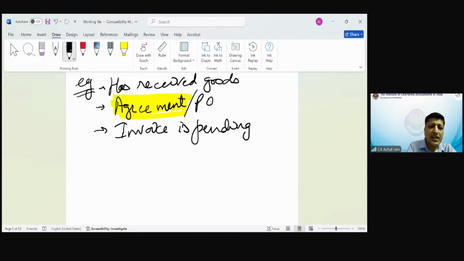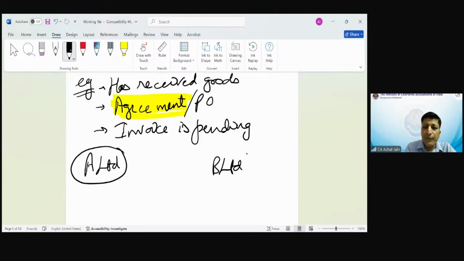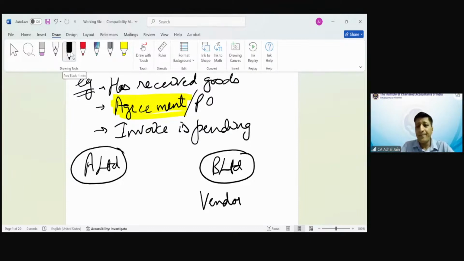So let me just say it's A Limited, which has received the goods, and B Limited is the vendor. So that must be on the basis of some agreement or the PO.